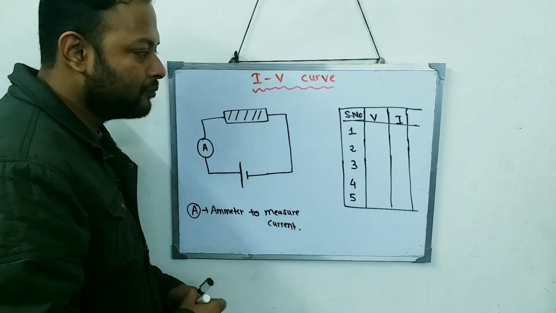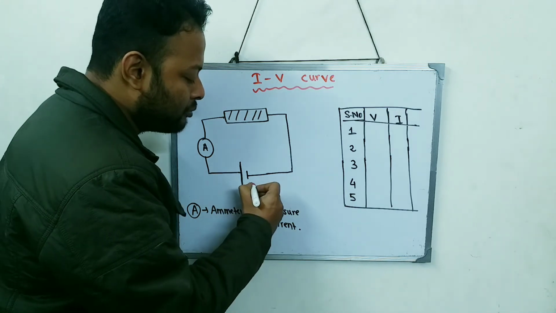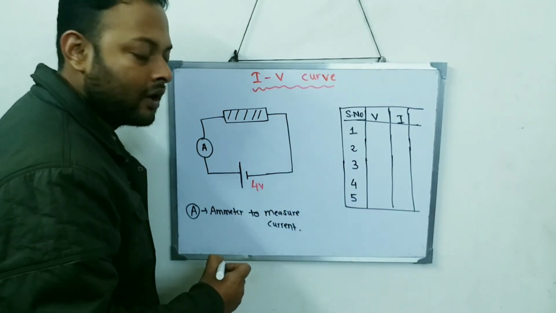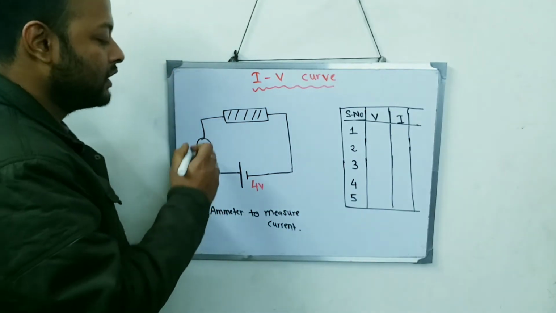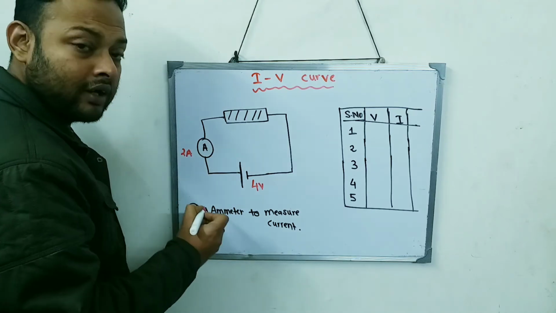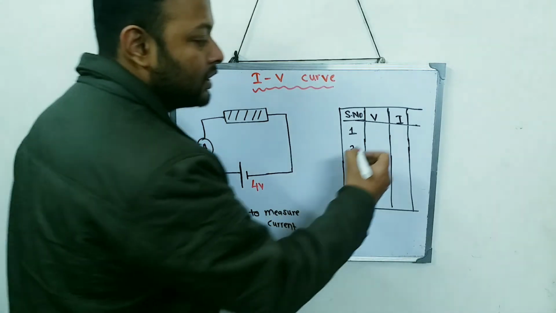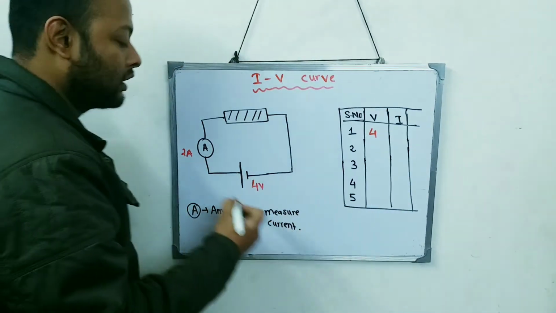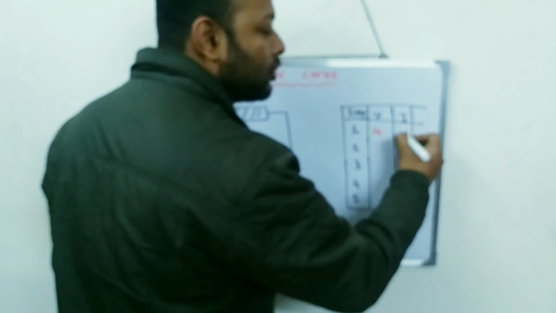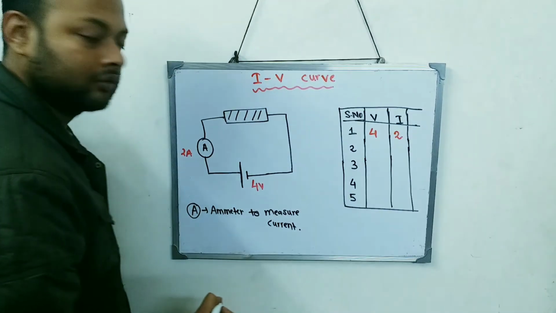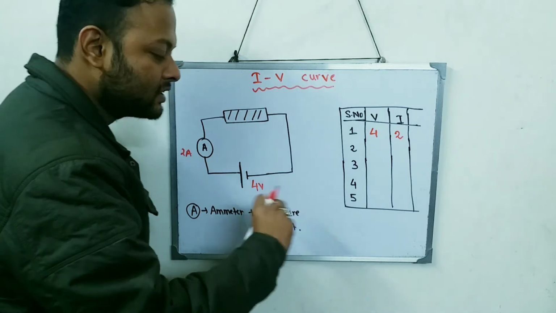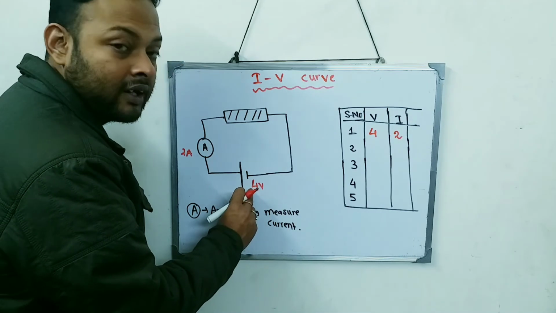Suppose I applied a potential difference of 4 volt, and this ammeter shows a reading of 2 ampere. So as I apply a potential difference of 4, the current in the circuit becomes 2 ampere. Then I slightly increase this battery voltage.